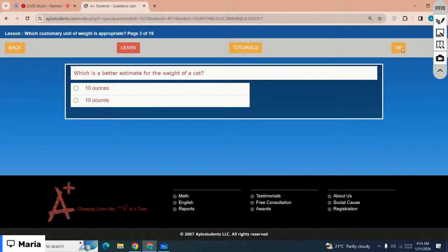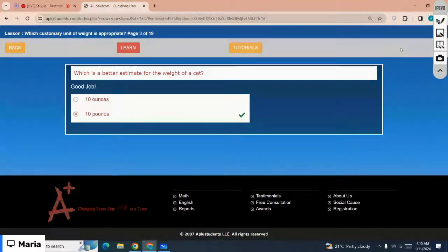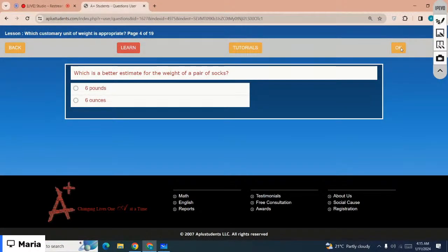Weight of a cat must be 10 pounds, right? Because 10 ounces is too little for the weight of the cat, right?